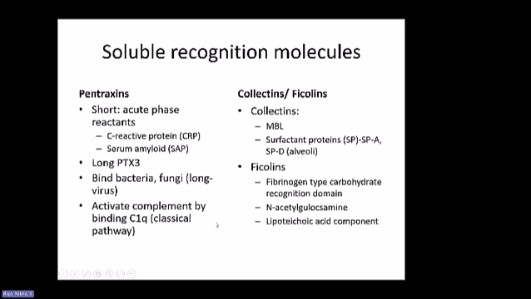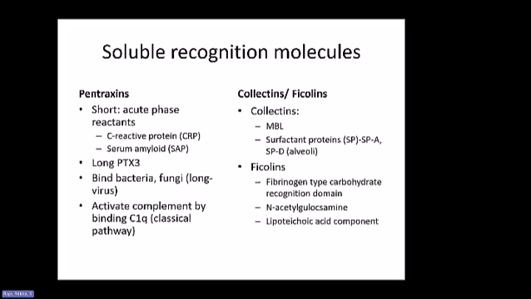Like complement, there are other molecules that help in recognition of PAMPs and DAMPs. These are called pentraxins, collectins, ficolins. Pentraxins are what we know as acute phase reactants, such as CRP, serum amyloid. There are also long pentraxins.